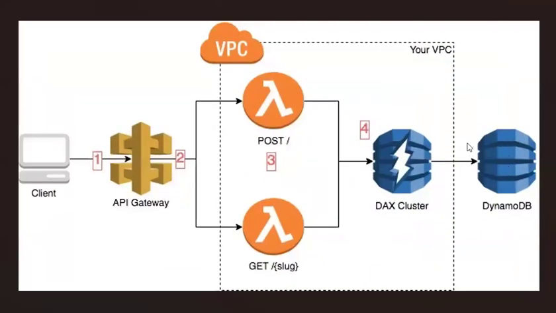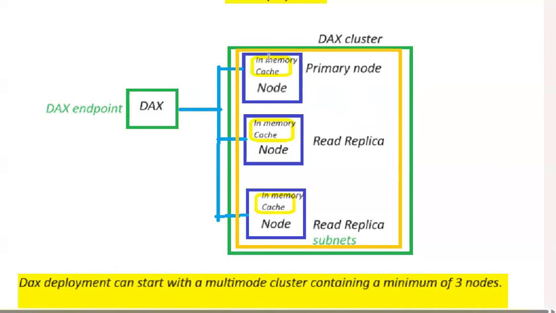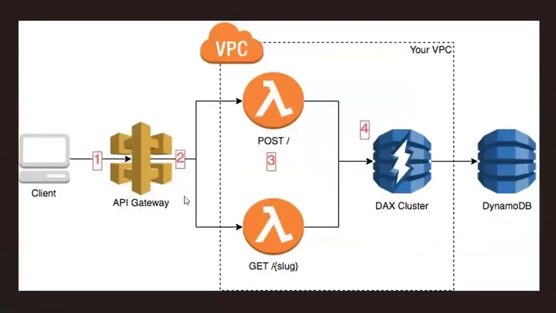Then DynamoDB sends the response back to the node. Then the node will cache that data, and it will even replicate that data to the other replicas, and then it sends it back to DAX, and it will be sent from the DAX endpoint. It will again be sent back to your API gateway, and from the API gateway, your client will receive the response.